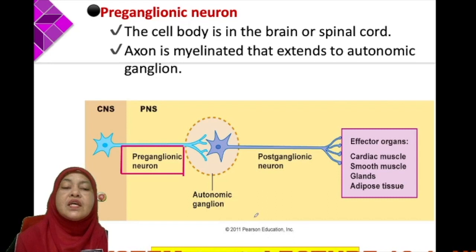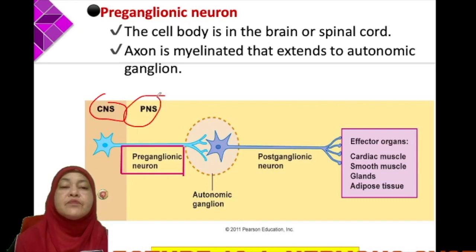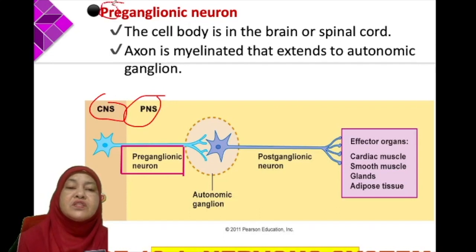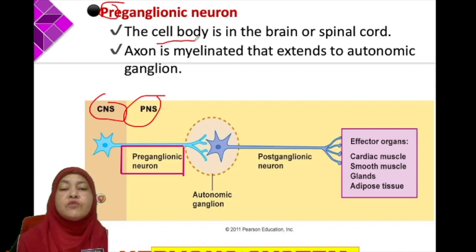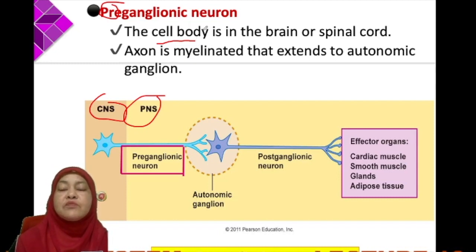From this diagram, CNS is our central nervous system and PNS is our peripheral nervous system. When the teacher mentions pre, we are referring to the cell body, a specific structure of the neuron.